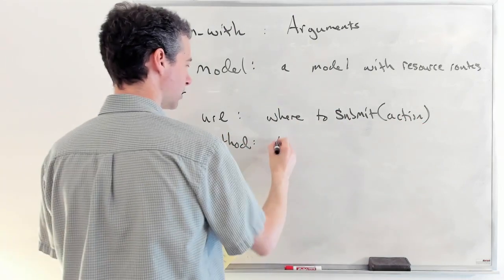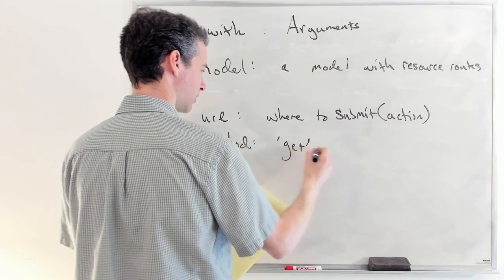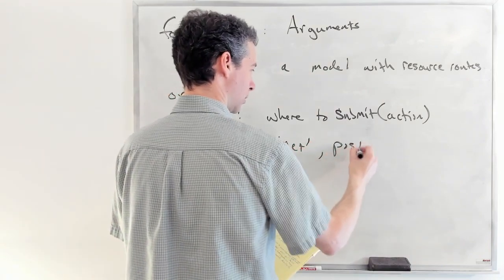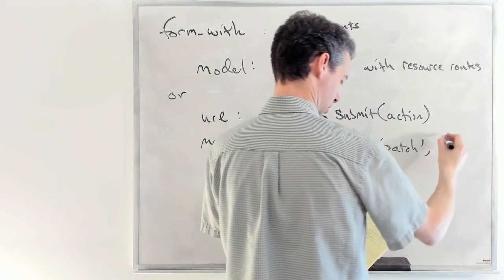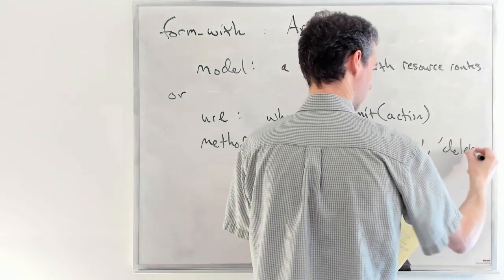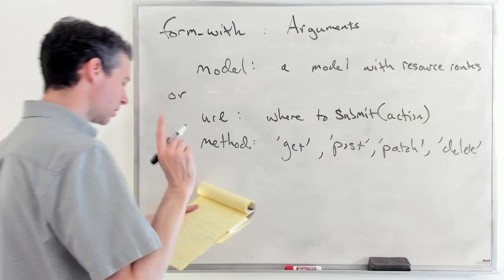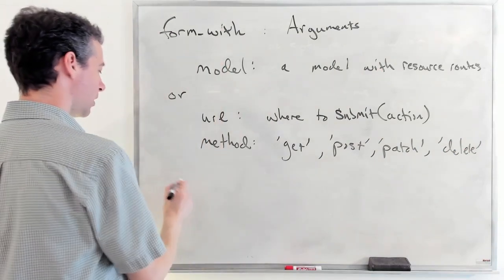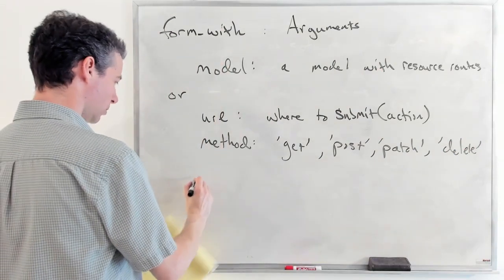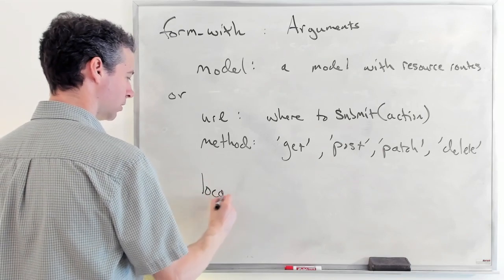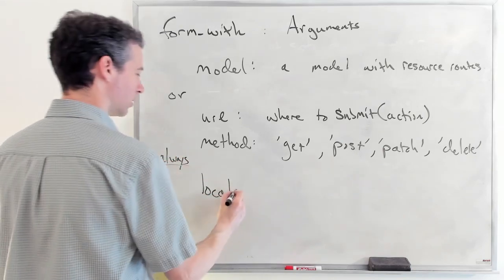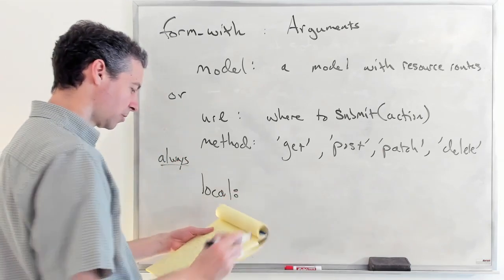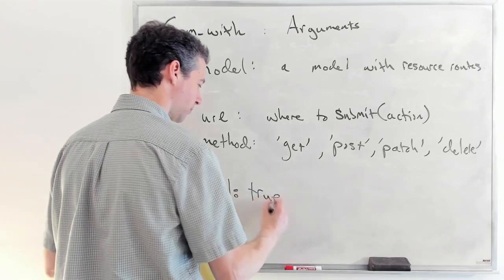These are strings such as get, post, patch, and delete. And then on both of these, we're always going to include local as a variable, and we're going to set it to true.